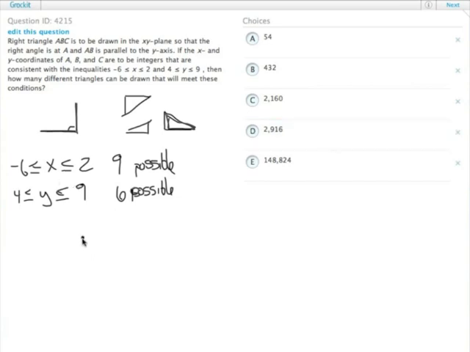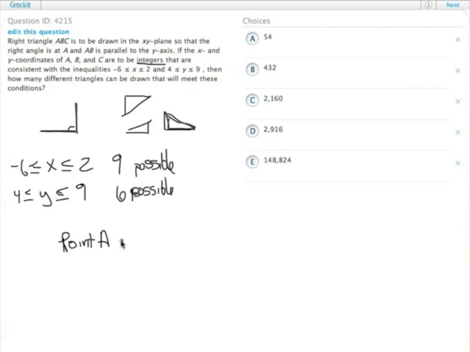So let's just take it one point at a time. Point A can be at any one of 9 possible x values, because we do find out that A, B, and C are integers. It does say that right in the problem, so we don't have to take into account fractions or anything like that.